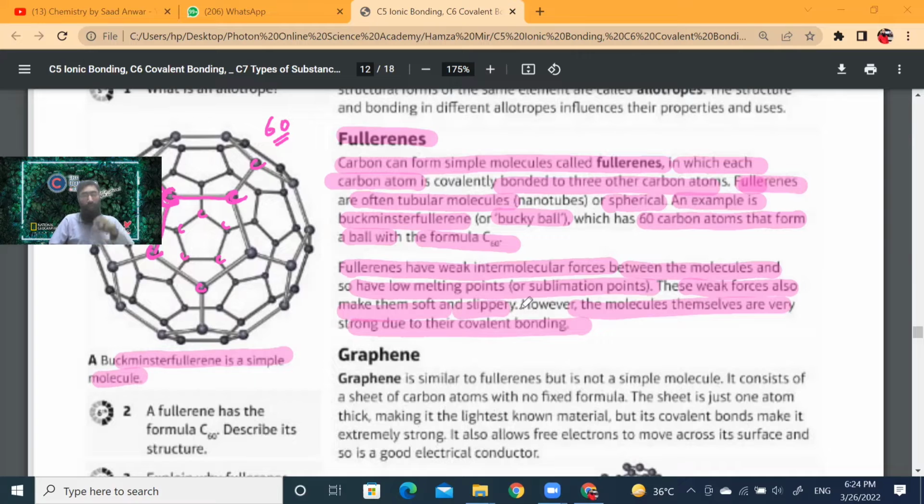So fullerenes have weak intermolecular forces between the molecules and so have low melting and sublimation points. The weak forces also make fullerene soft and slippery. However, the next point is very important: within the molecules, the forces of attraction are strong due to covalent bonding.